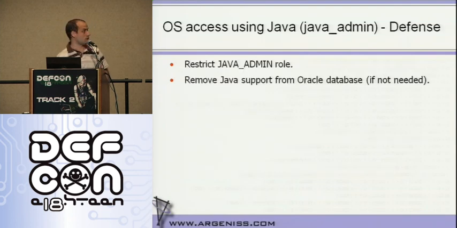Well, the way to defend from this attack is to restrict the Java admin role, that is the role that is needed to grant the Java permissions needed to access operating system resources, or to remove the Java support from Oracle database if we don't need it.